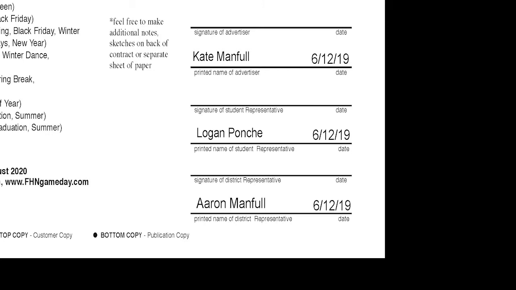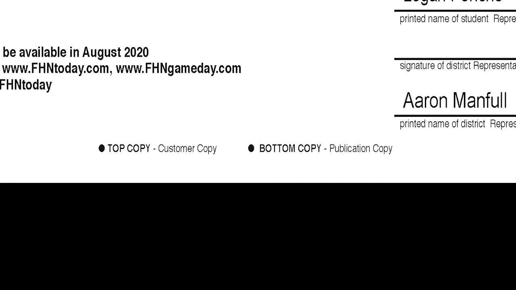And then if you see at the very, very bottom there, these are two-part advertising contracts. The top copy goes to the advertiser and the publications gets the bottom copy. So make sure you do press hard when you're writing to get that through there on the copy. And also make sure you don't have two ad contracts on top of one another, or it'll write through both copies when you're writing.